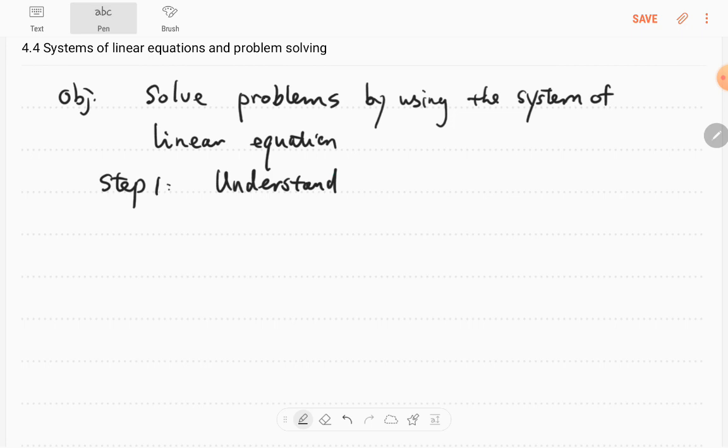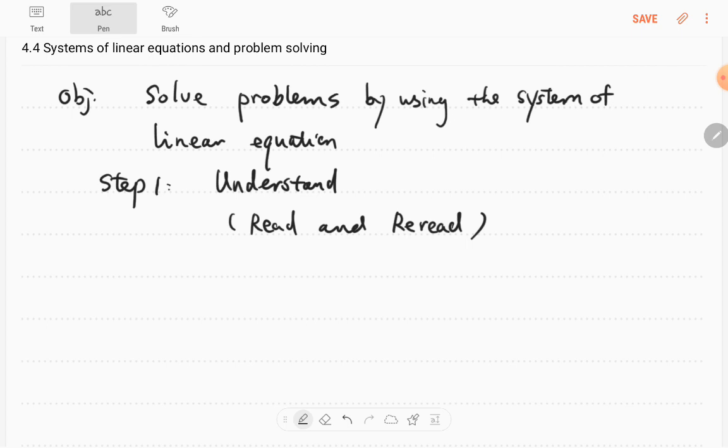Maybe we just need to read and reread. We should read the question several times if necessary, right? Make sure we can completely understand what the question is talking about. What's the purpose of the question? So maybe you need to read the words several times.